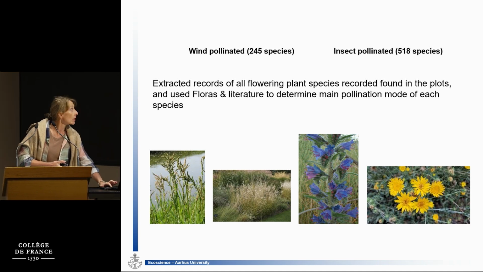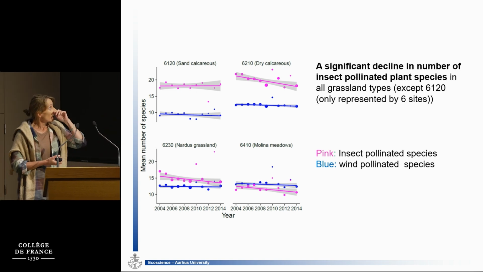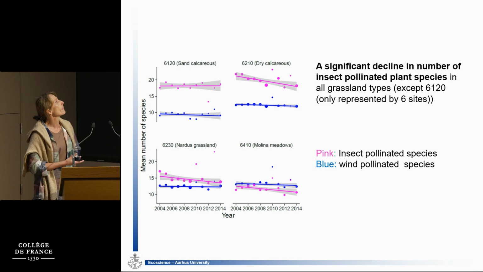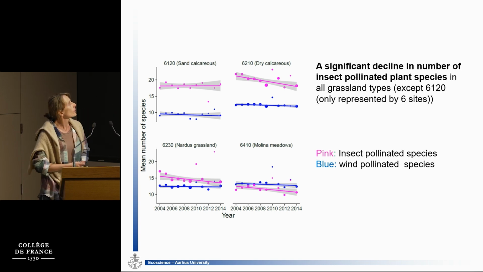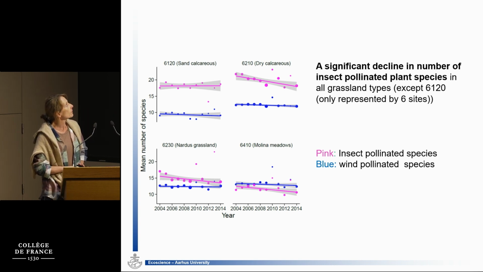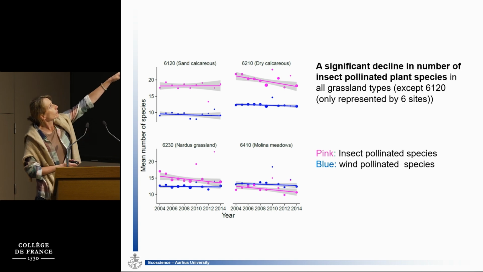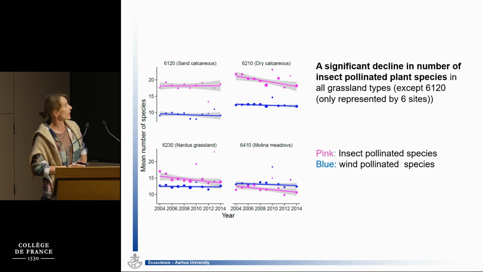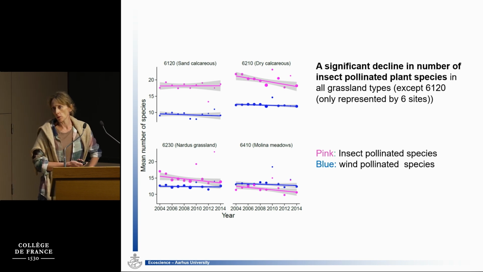And then we analyzed the trend of the mean number of species in those 2 categories with year as our main variable. And what you can see is that for all but the sand calcareous grassland, which is only represented by 6 different sites, there was a significant decline in the number of insect-pollinated plant species, but not in the wind-pollinated ones. If anything, it was either stable or in some cases slightly increasing.